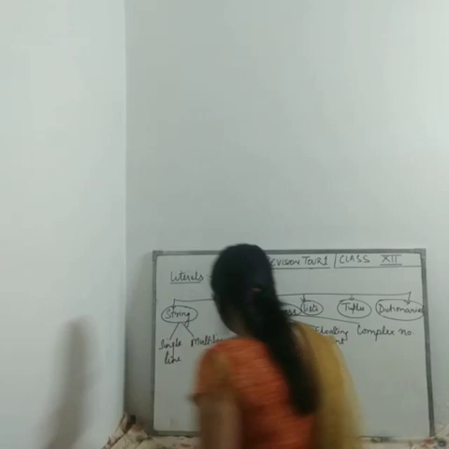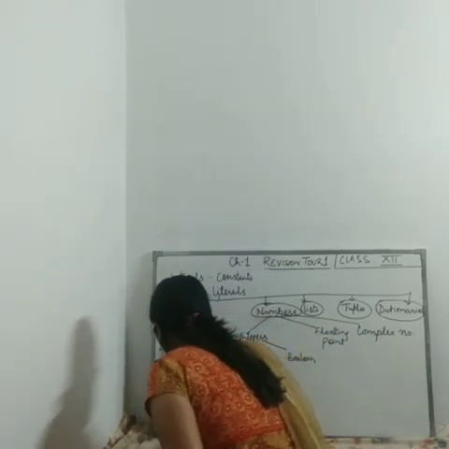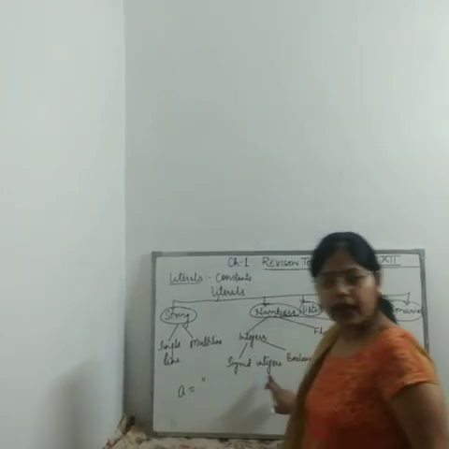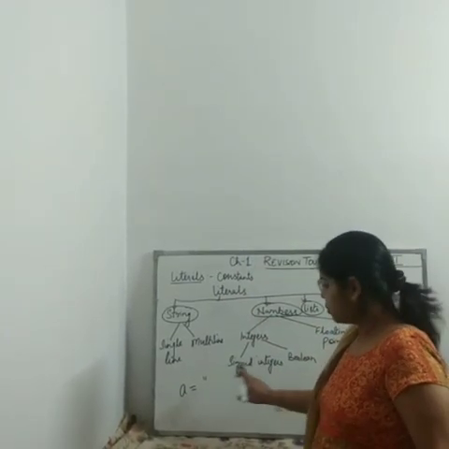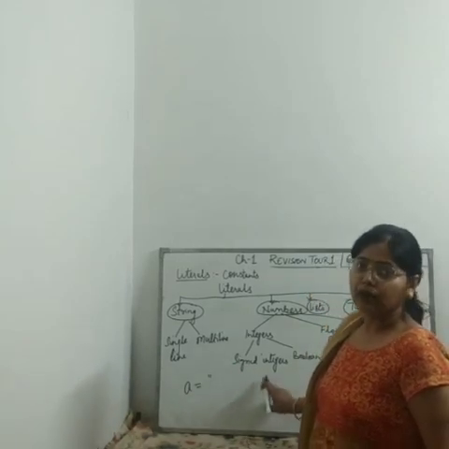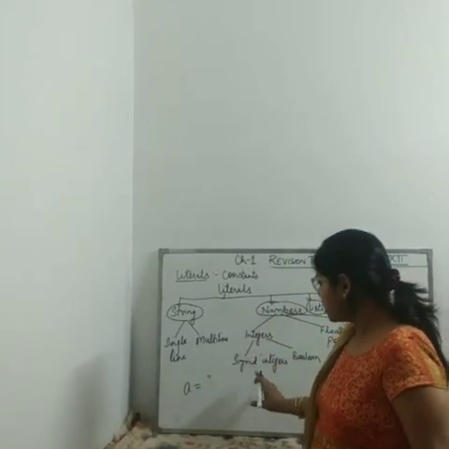Single line strings can be written as A equals to, we have to write a string in inverted commas, whether it is a single inverted comma or double inverted commas.